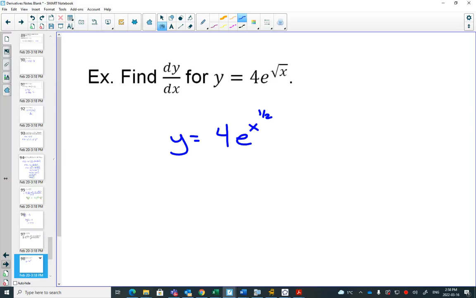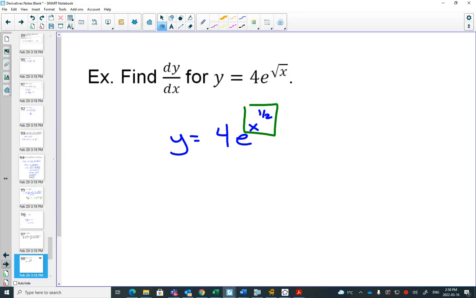I like this one because I can see 2 completely different ways of looking at this question to solve it. Method number 1 is looking at it as it is. Can you see that there is an x to the 1/2 inside the e to the x where the x normally is? So my x to the 1/2 is my inside function. My e to the x graph is my outside function. I know you don't like that, but that's what it is.